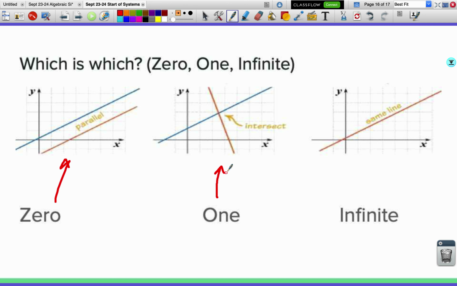The second graph would have 1 solution because they have a spot where they intersect. And for the infinite, we can't even see the second line because it's right on top of that first line. So it's right under there. And if they are the same line, we can say they're coincident lines. They have infinite solutions. So it's the number of places they cross.